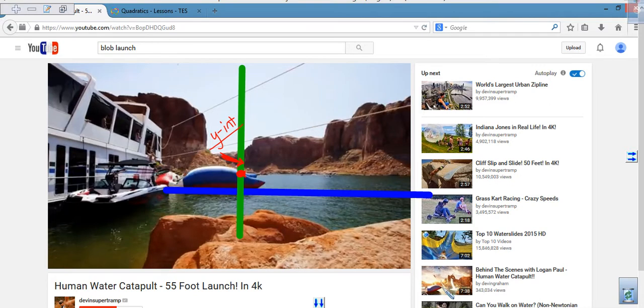So now, taking a look at the blob, which is where you have somebody jump onto a big mat and launch somebody else on the other side of it, let's see how that represents a quadratic function, and we'll identify all the parts. Okay? So, first, when the guy is on the blob, this is our y-intercept, because the water represents our x-axis. Okay, and the vertical, how high he goes, is our y-axis.